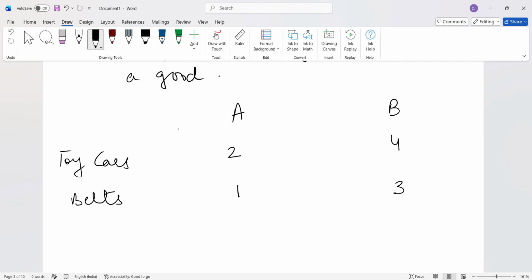This is the number of worker hours. So basically, I'm saying that country A uses 2 hours of workers in order to produce 1 unit of toy car, and country B uses 4 hours of workers in order to produce 1 unit of toy car.